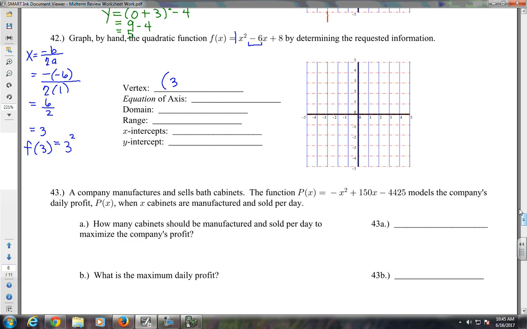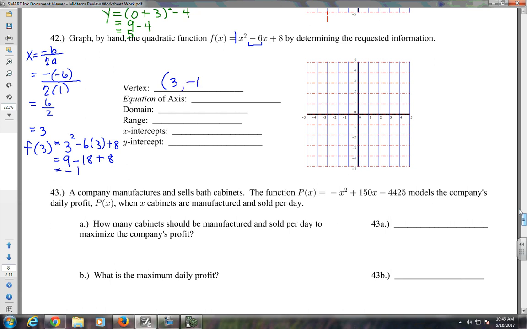We have 3 squared minus 6 times 3 plus 8. Or, following order of operations, we have 9 minus 18 plus 8, which turns out to give us, let's see, 9 minus 18 is negative 9. Negative 9 plus 8 is negative 1.